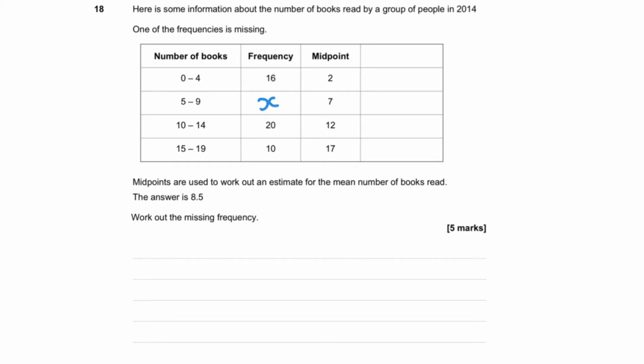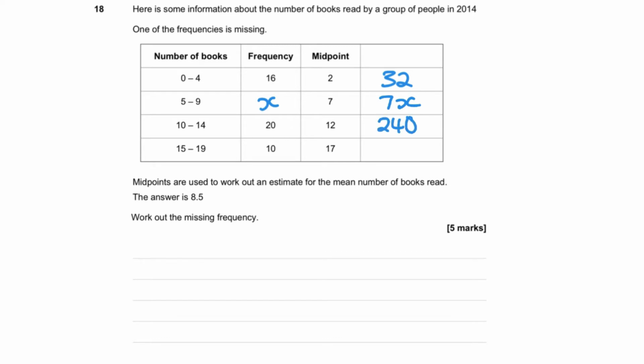So we learnt in the key points video that in order to calculate the mean, you times the frequency by the midpoint and then add up all those values together and then divide by the total frequency. So 16 times 2 is 32. Then we have x times 7 is 7x. 20 times 12 is 240.